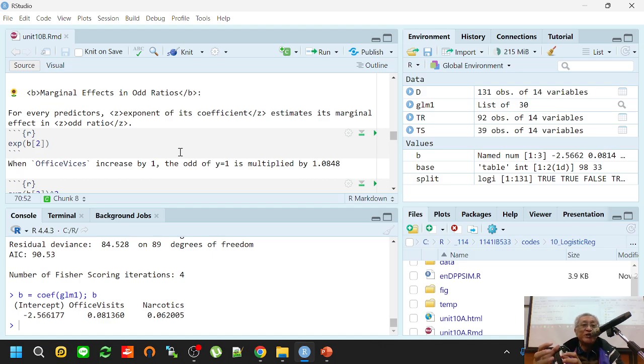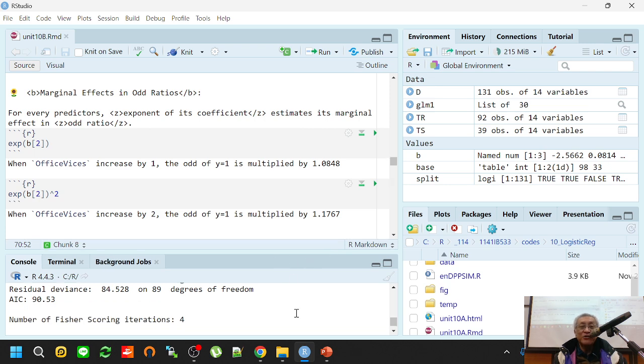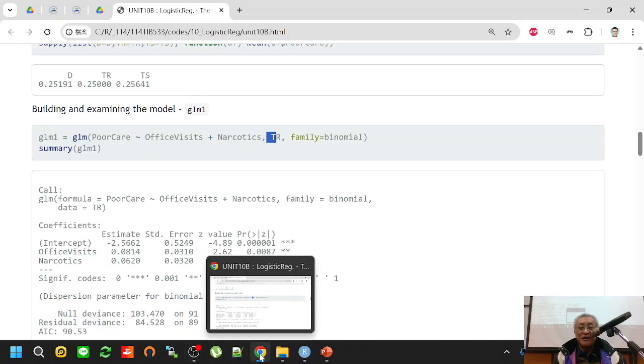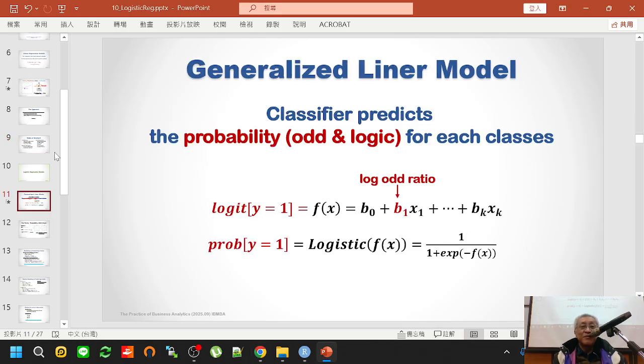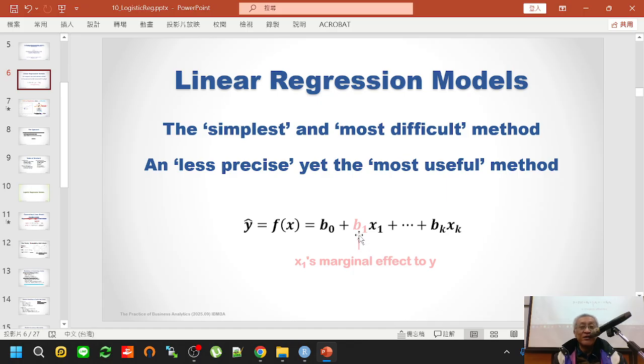Before we go to the model accuracy, there's a thing that I would like to explain. In linear regression, we say that the coefficient is basically the marginal effect of x on y. This is for linear regression, when the target variable y is numeric.